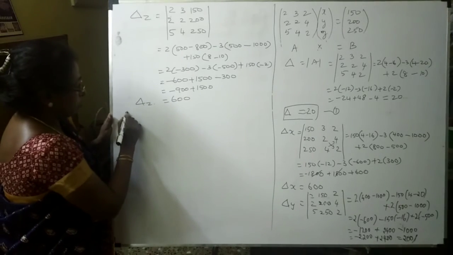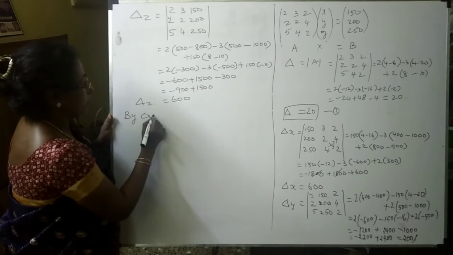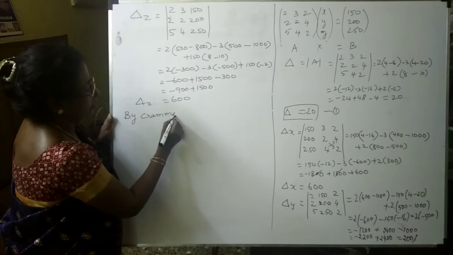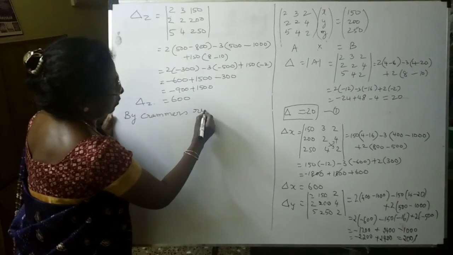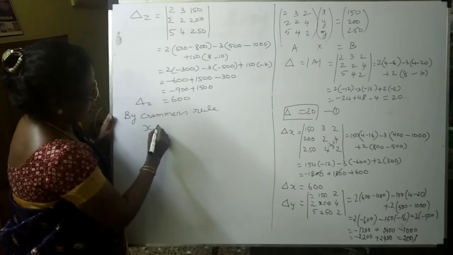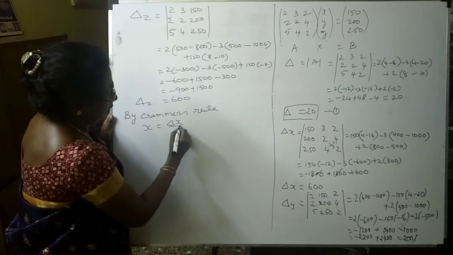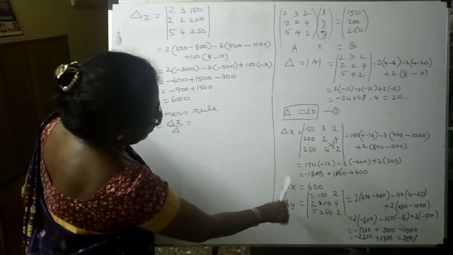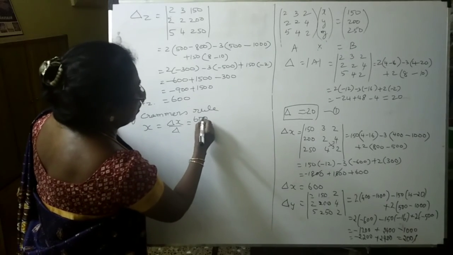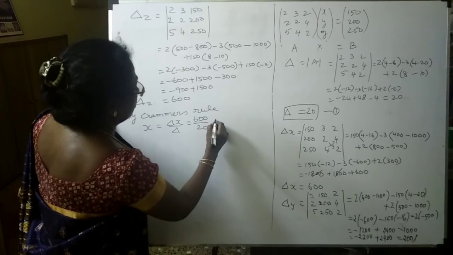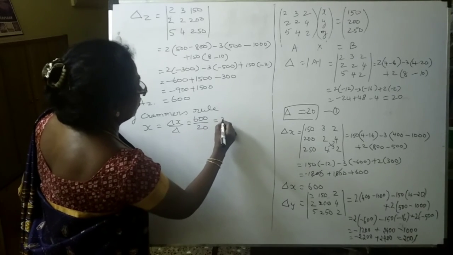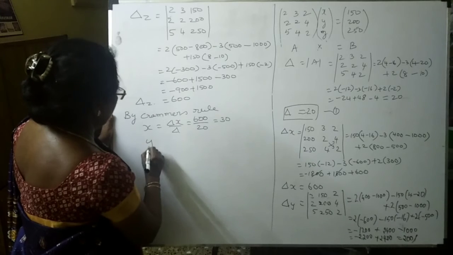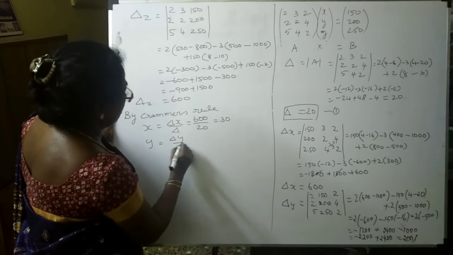So by Cramer's rule, x is equal to delta x by delta. We have the delta x value of 600 divided by 20, so this is equal to 30. Y is equal to delta y by delta.